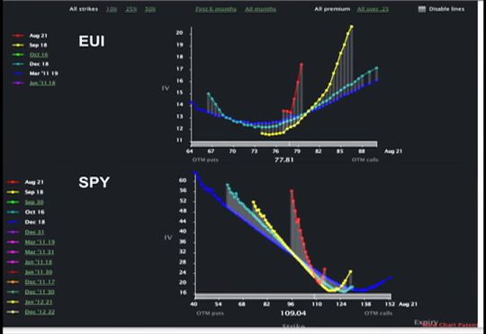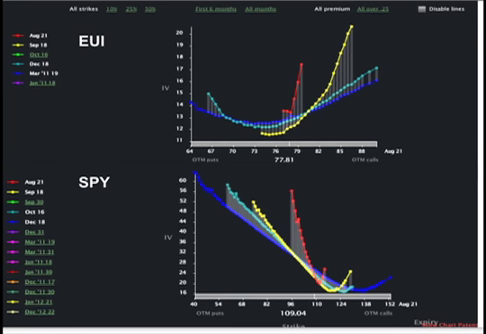One of the other things we want to look at is the behavior of skews across these products, to see how they're similar or different from things you may be more used to. Here I have a skew chart for EUI with August, September, and December options, and SPY has a little more data.